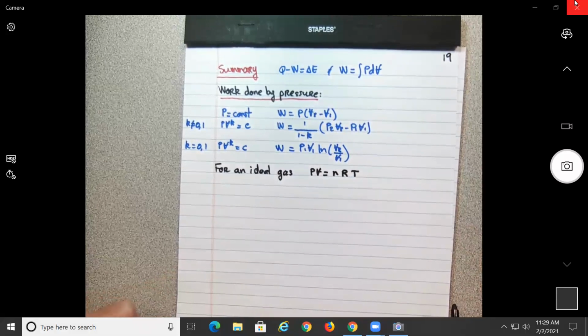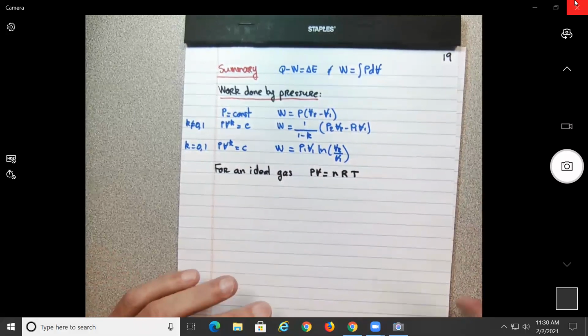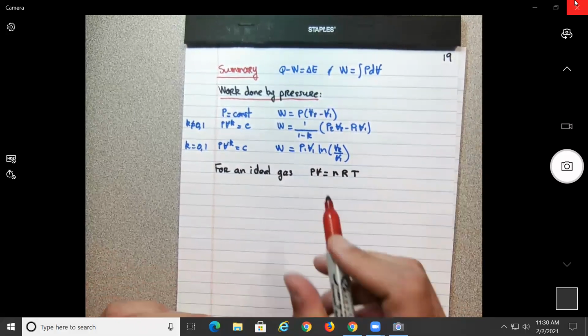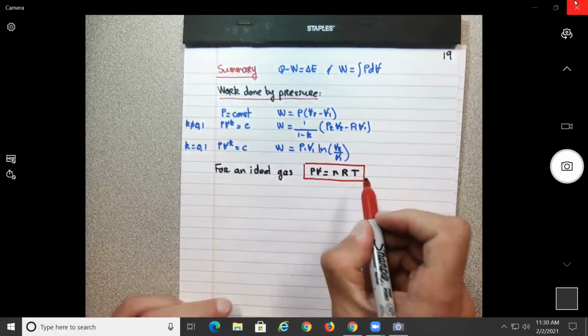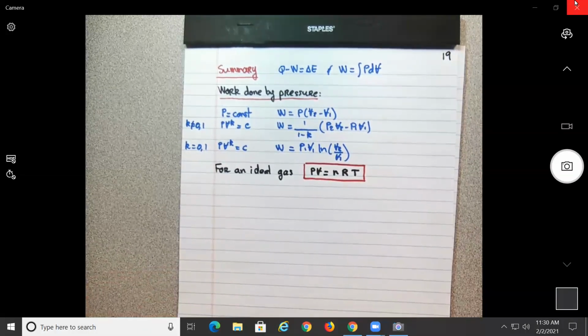Is it N bar or R or the normal R? No idea. Okay, I'm going to check very quick. Doesn't matter how we define it, but we want to make sure we define it the same.